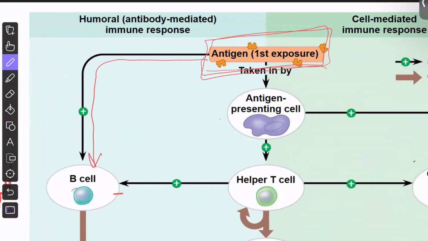What else is it going to do? It's going to be taken in by the antigen presenting cell, which is displaying what kind of marker? MHC2. And that's going to go to stimulate the helper T cell.